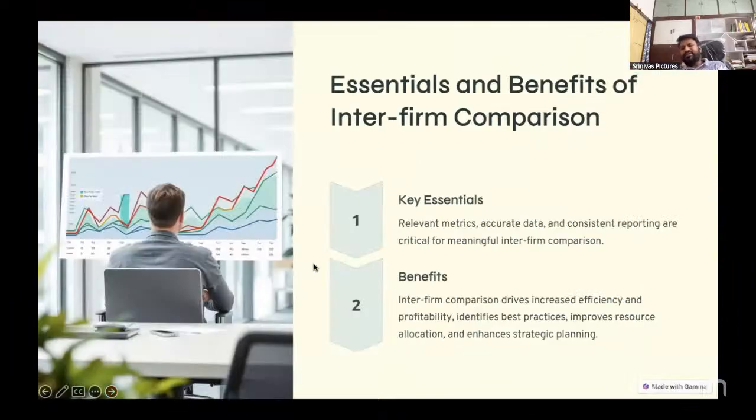What are the essentials and benefits of inter-firm comparison? There are two types: key essentials and benefits.